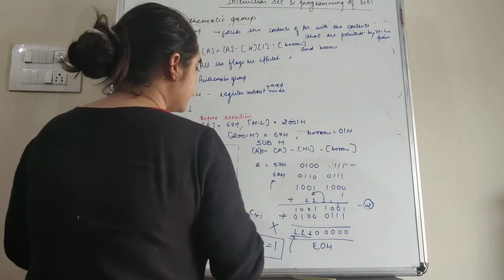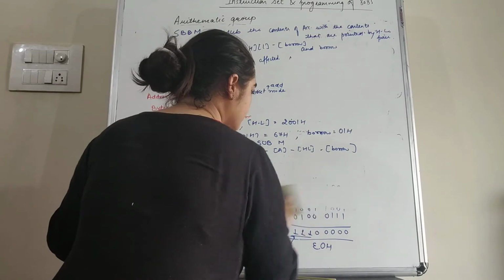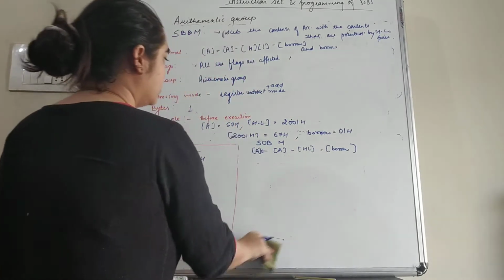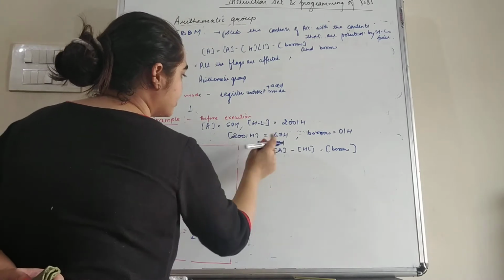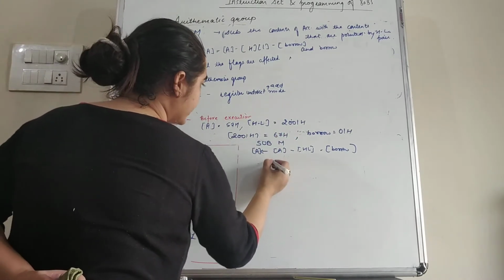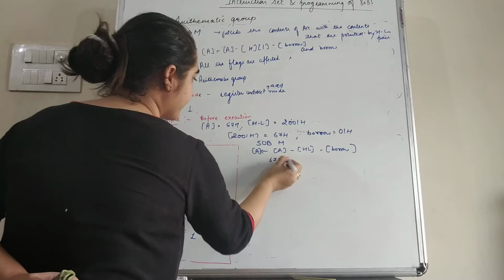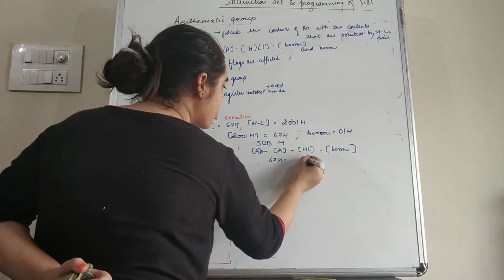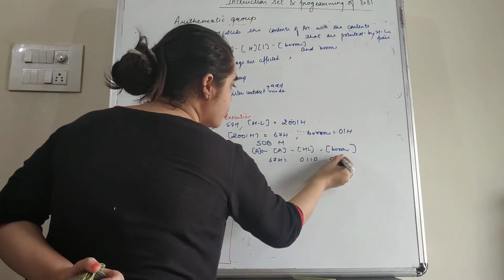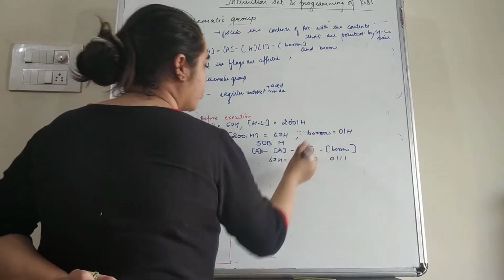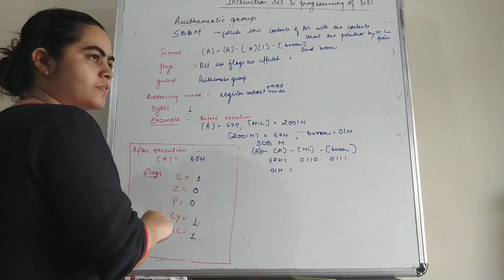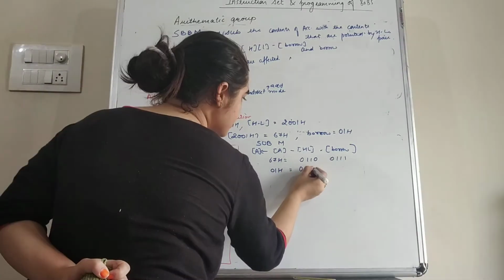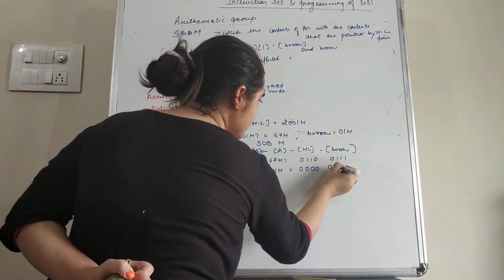Now you can see students here. Initially we have a value that is pointed by the HL pair, 67H. So 67H is 0110 0111 and borrow is 01H. So that means we can add 01H initially with 67H. So it is 0000 0001.